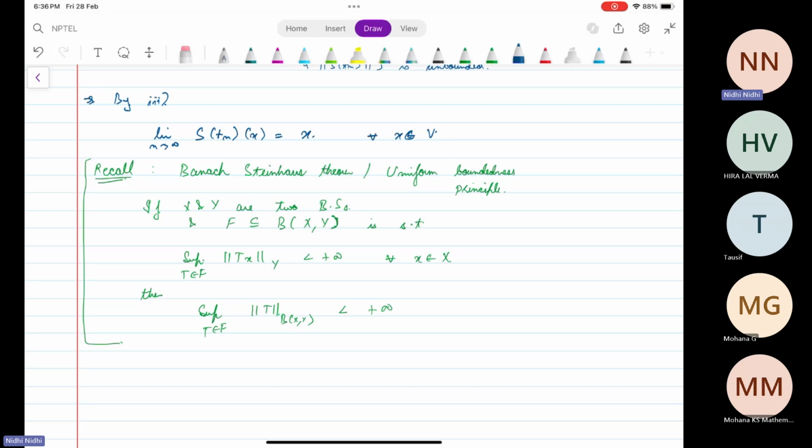So here our collection is Stn, and it is converging pointwise, hence bounded.